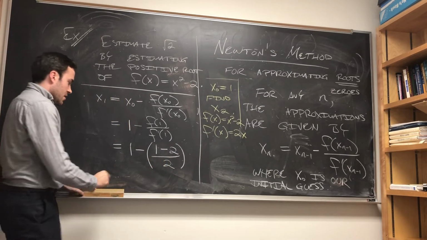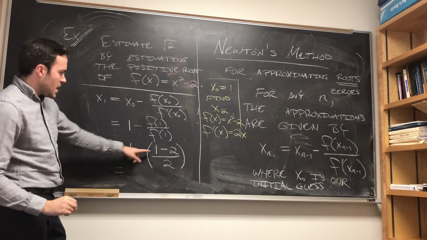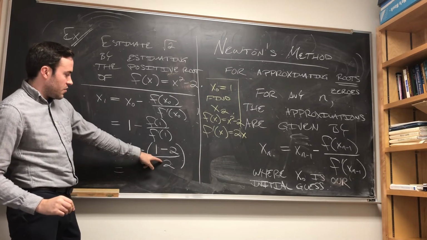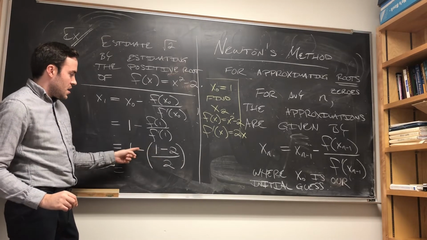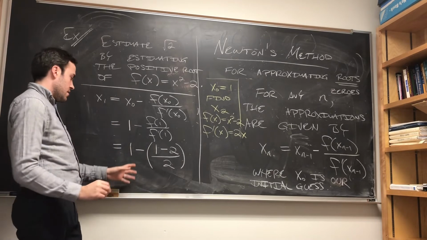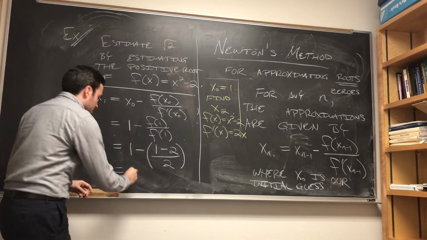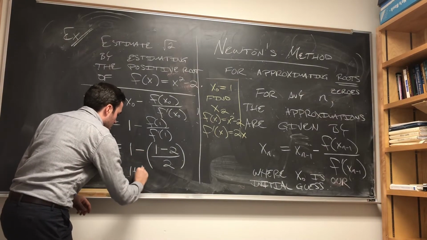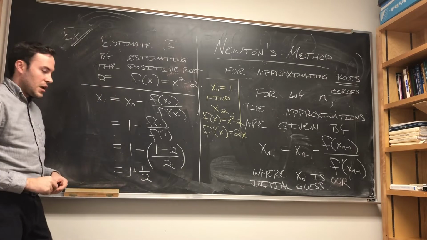So this is going to be negative 1 over 2, negative 1/2. Double negative, again, be careful with your minus signs. The double negative makes it positive, and so we have 1 plus 1/2. In other words, 3/2.